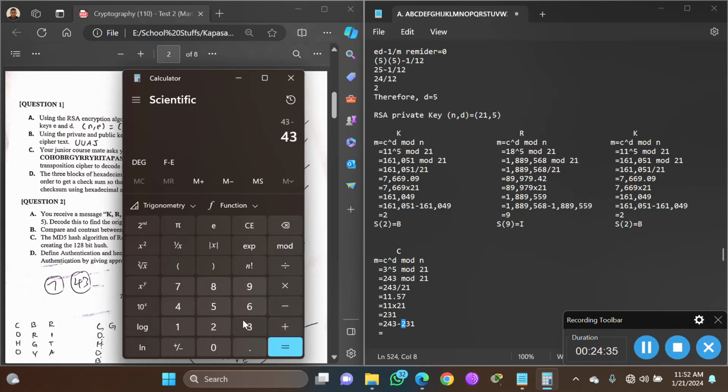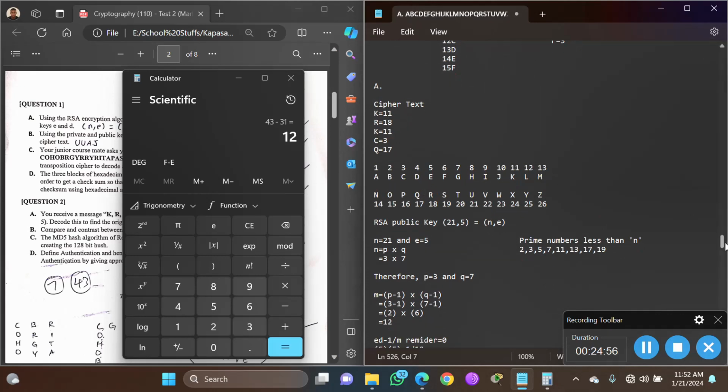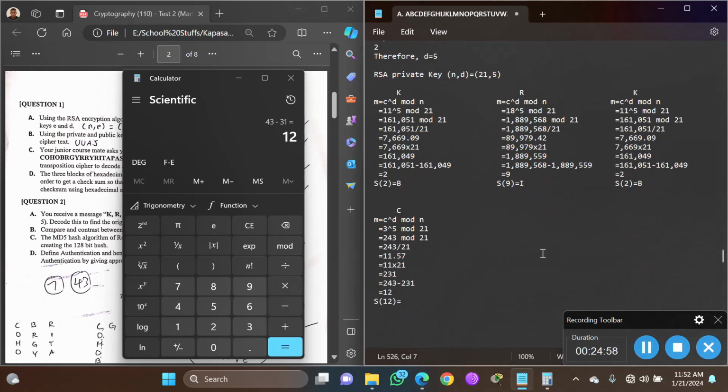So 43 minus 31, we are getting 12. So the substitution for 12 on our alphabet is L. So 12 is L as you can see, so there we put L.